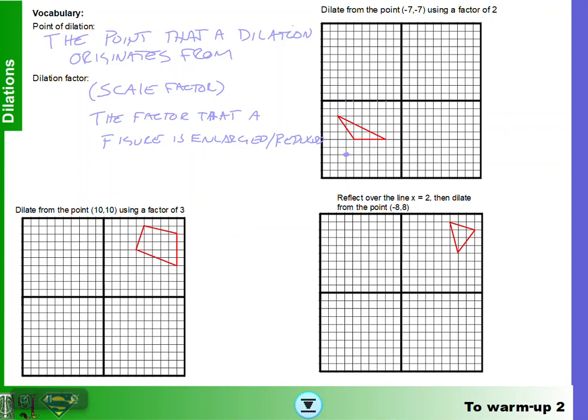So I'm going to make a line, and you're going to use a ruler that comes from the point of dilation through each of the vertices. And I would make those lines as light as possible.